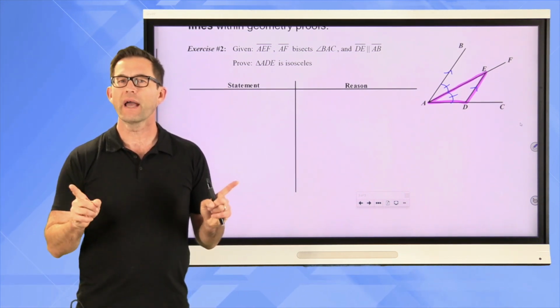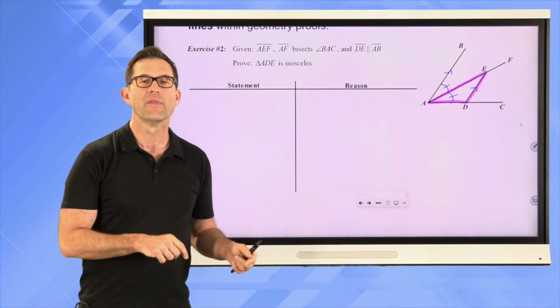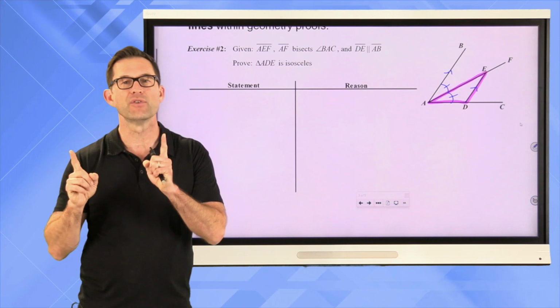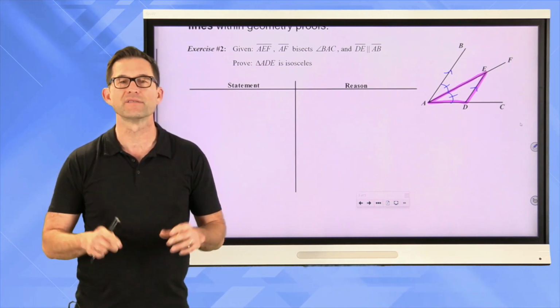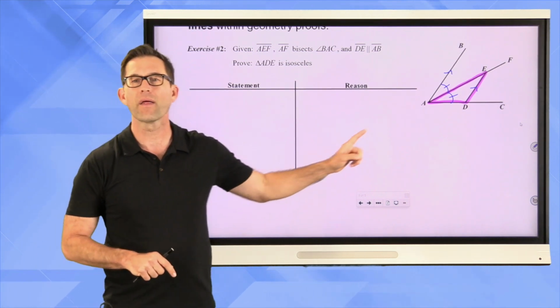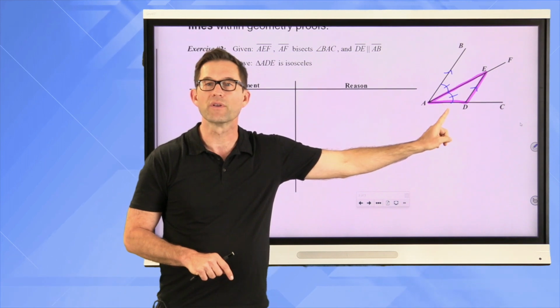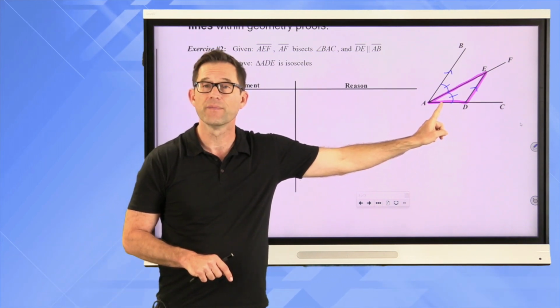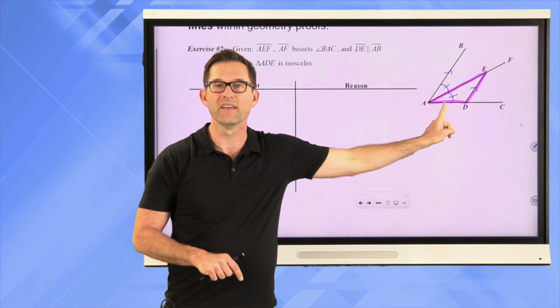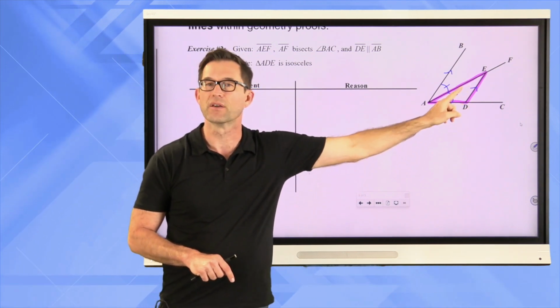If I can prove that two angles in the triangle are congruent, then of course I can prove that two side lengths are congruent, because sides opposite congruent angles are congruent. Right now all I know is that this angle, BAE, is congruent to this angle, DAE. What I'd really like is DAE to be congruent to DEA. I'd love these two angles to be congruent.